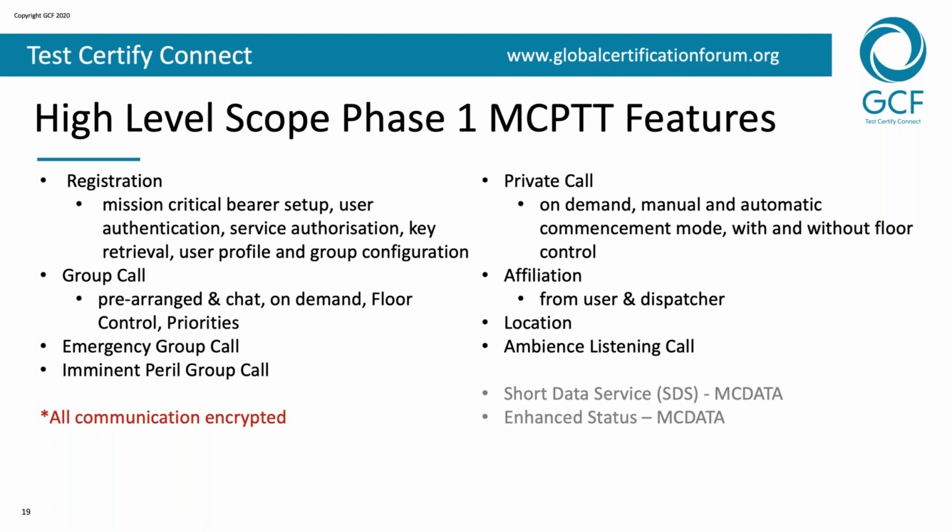But essentially, all the features we're covering here are everything to enable you to do various types of calls, whether they are group calls or private calls, and with different levels of status, such as emergency or imminent peril. And as always, the expectation is that security is paramount in this industry, and therefore all communication would be encrypted as well.